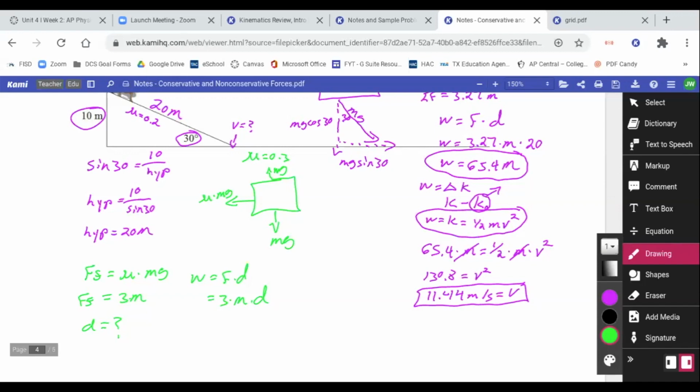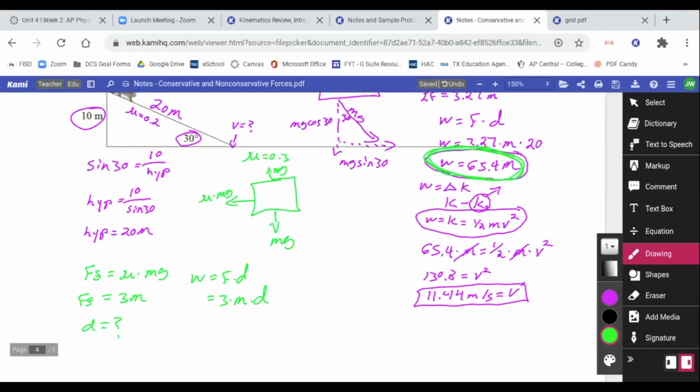The work to go from 0 meters per second to 11.44 meters per second, we said, was 65.4 times the mass. Isn't that the same amount of work to go from 11.44 back to 0? It's the same change of energy. He went up in kinetic and now he's going to come back down in kinetic, right?